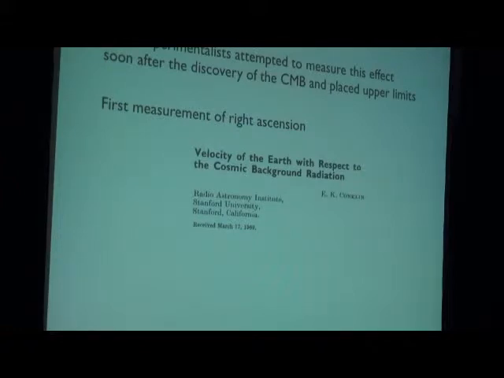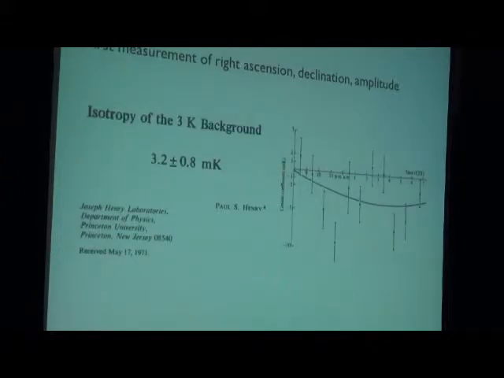And the first measurement of right ascension, declination, and amplitude was by Paul Henry from a balloon. So he built the radiometer, sent up a balloon, did the measurement, collected the data, all as just one person, and all the values he reports are still consistent with the values we know today. And the fun fact about it is that this was his PhD thesis.